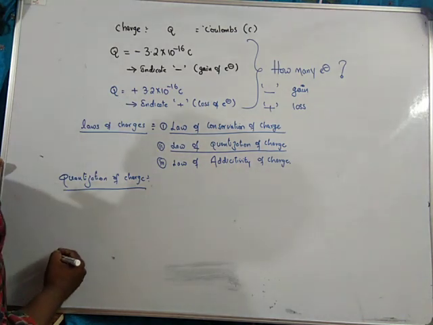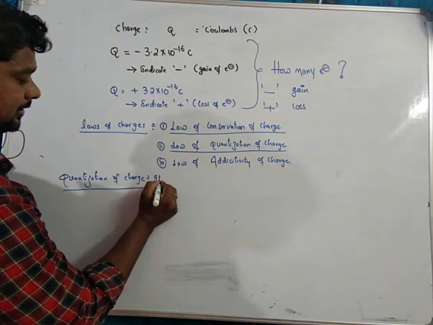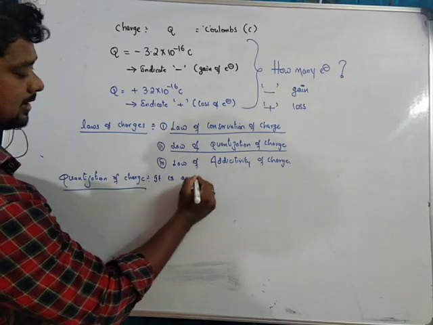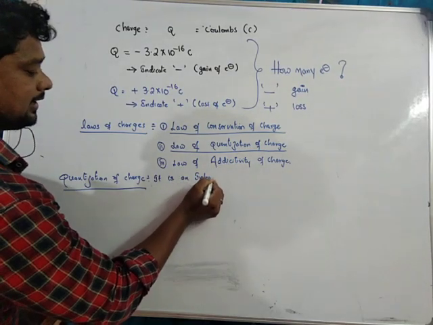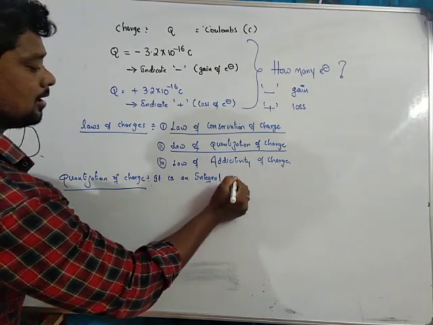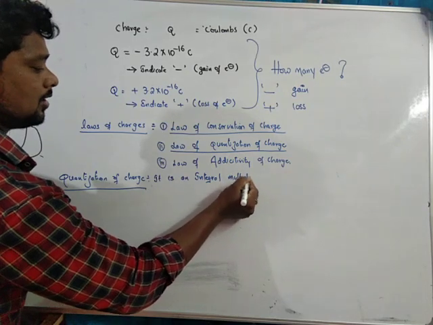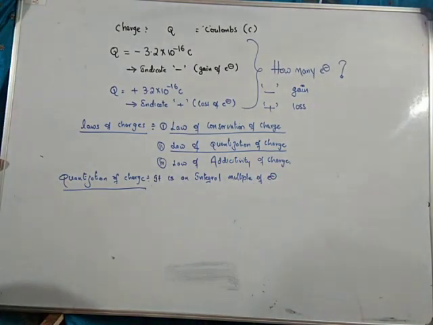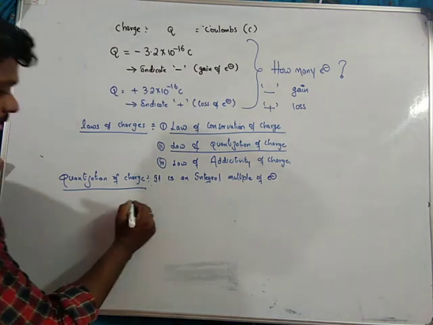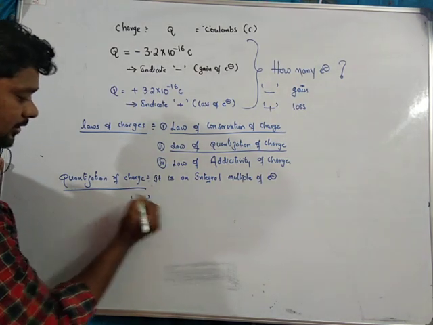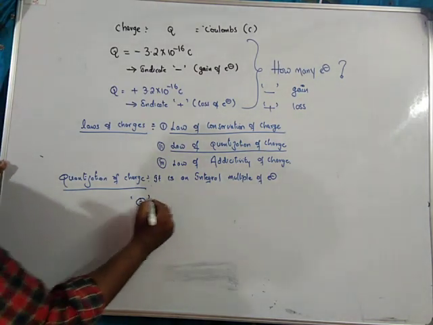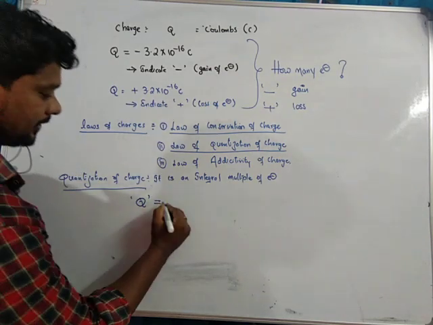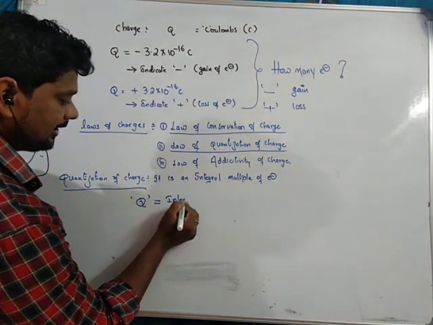Quantization of charge is an integral multiple of electron. It is denoted with Q. Q is equal to an integral multiple of electron.